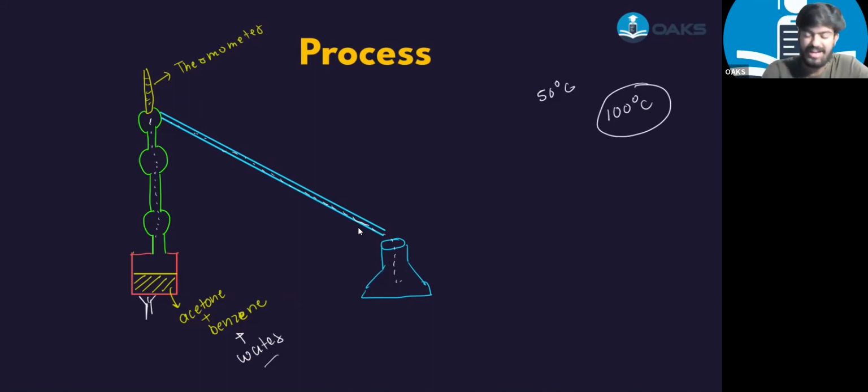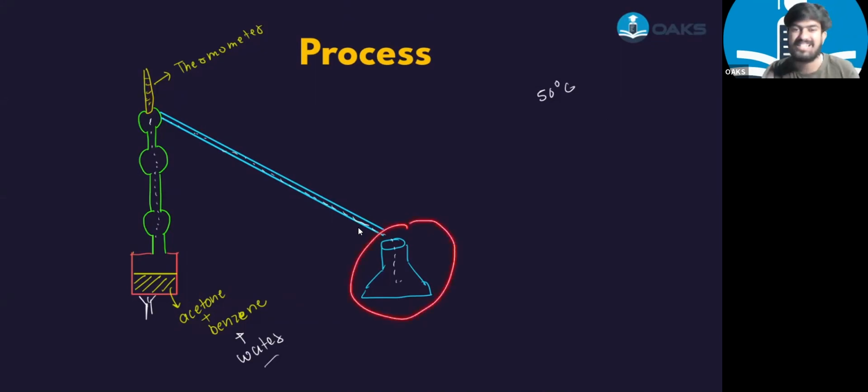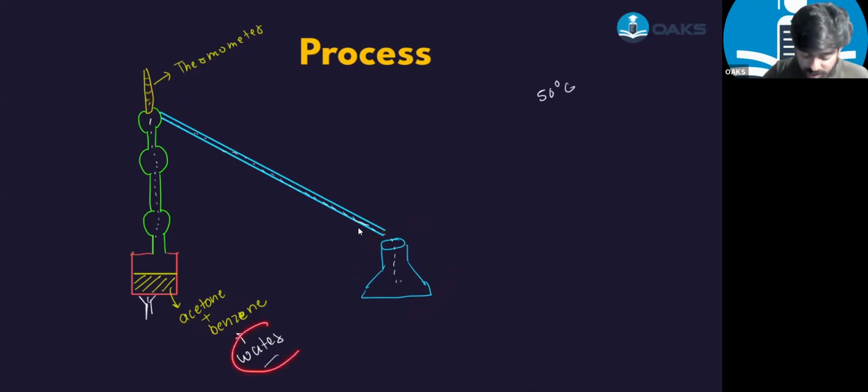No, right? So first of all, in fractional distillation, we separated the acetone and got the acetone. Then if I want to separate the water also, in the same setup, I'm just going to increase the temperature, and then I'm going to replace this flask with a new flask, and in that we are going to get water when I increase the temperature to 100 degrees Celsius.